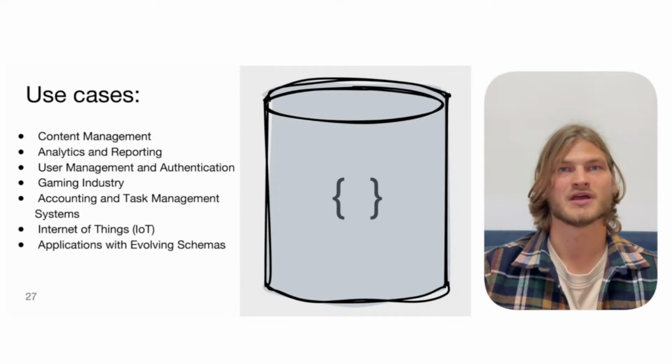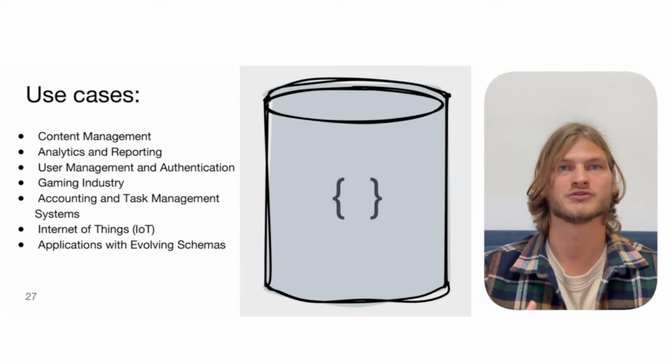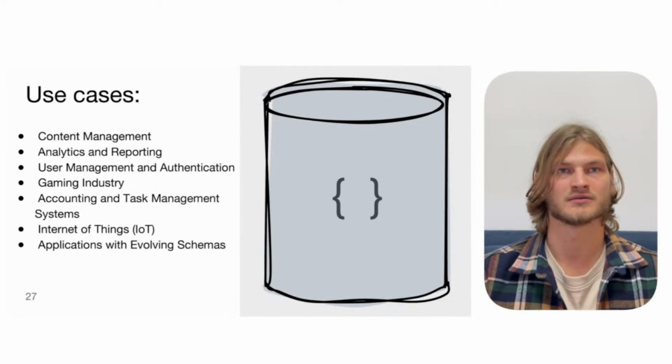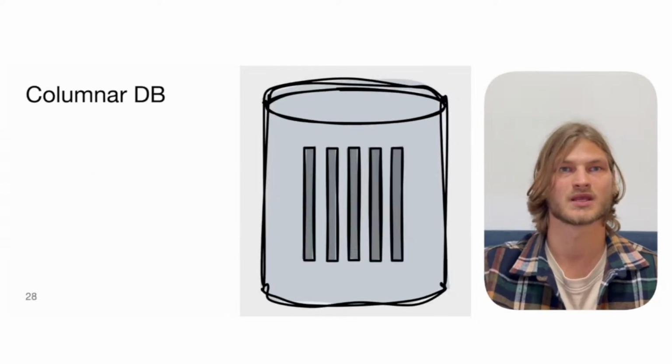Applications with an evolving schema really need such databases because you can store data as a document. You don't need a particular schema to store the data, and it's really good to choose this type of database when you have such an application.